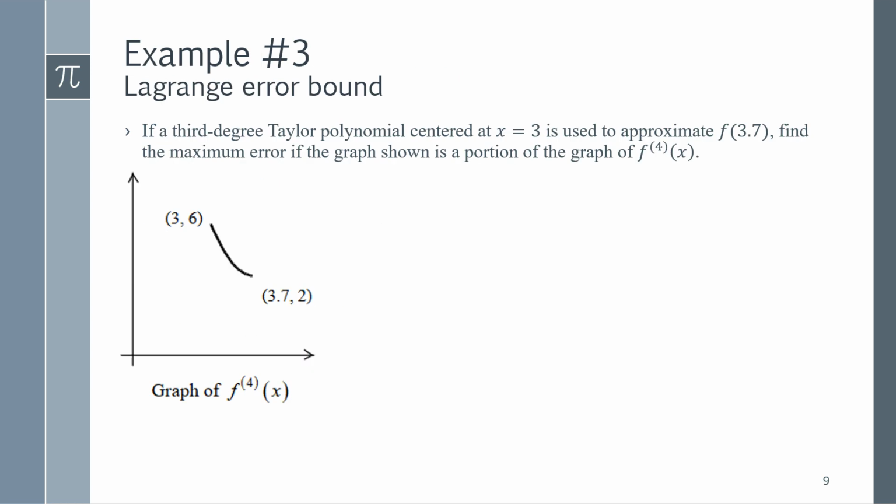So we're going to be looking at an example here where a third-degree Taylor polynomial centered at 3 is used to approximate f of 3.7. And we want to find the maximum error if the graph shown is the portion of the graph for the fourth derivative of x.